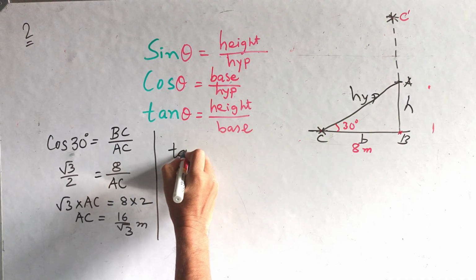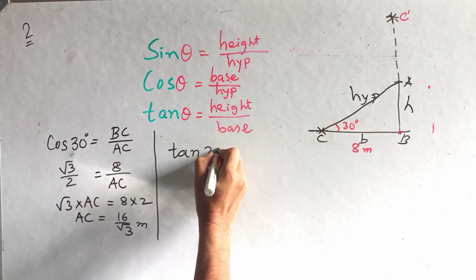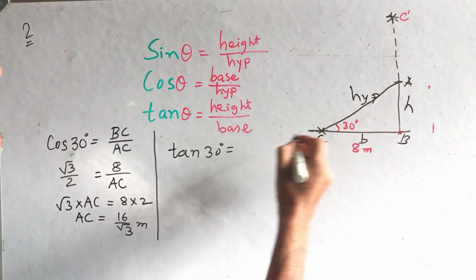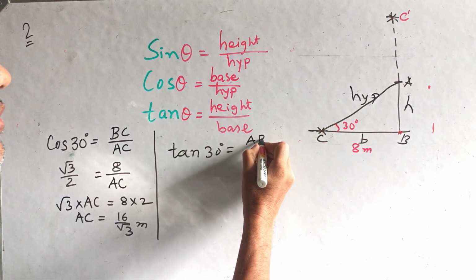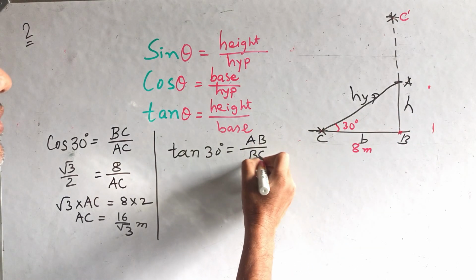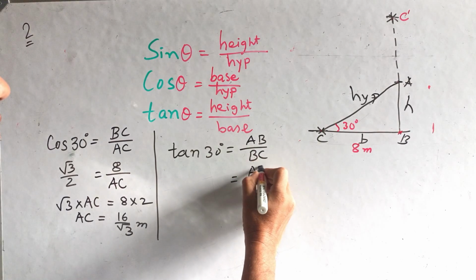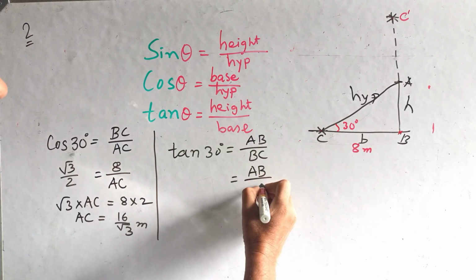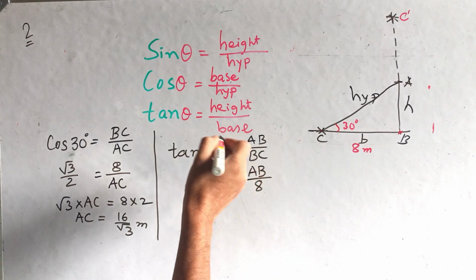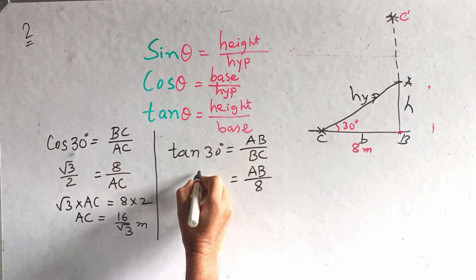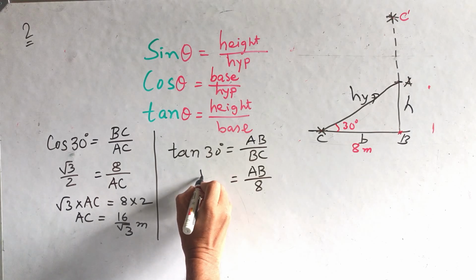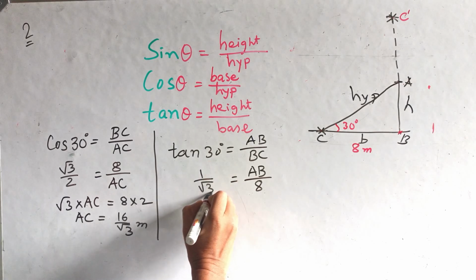So we'll say tan 30 here is AB by BC. AB is to be found out, BC is 8. Now this tan 30, do you remember the value of that? It is 1 by root 3.